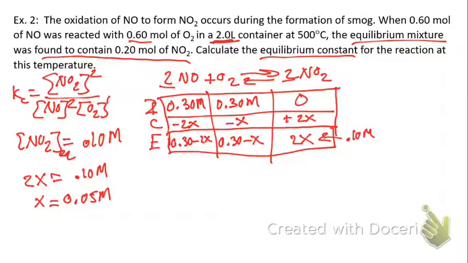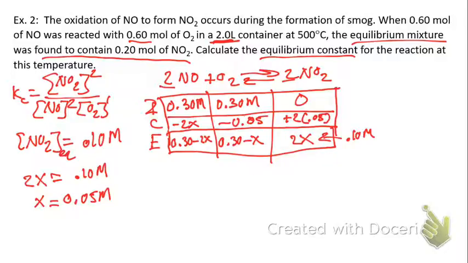So now we're in business. Now I can plug in my x value. This is minus 0.05, and this one here is going to be 2 times 0.05.